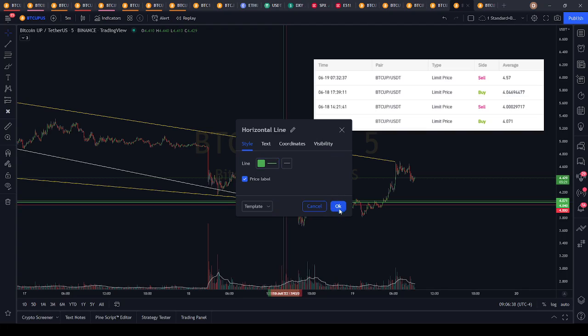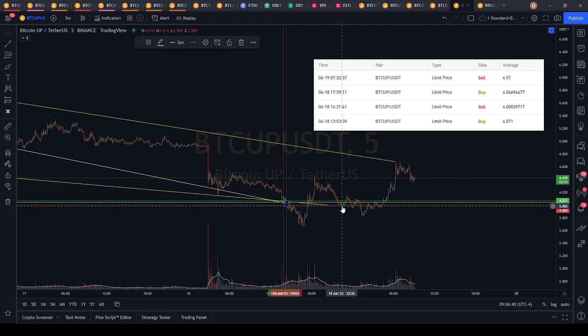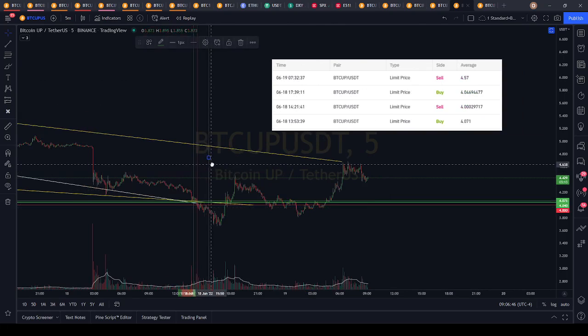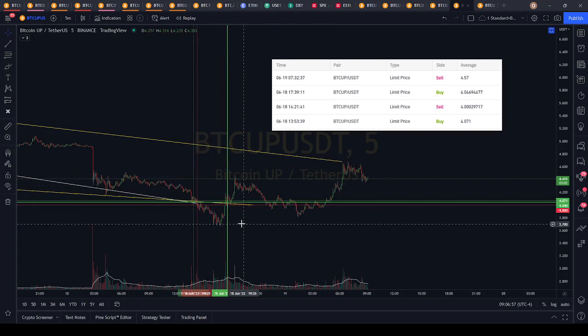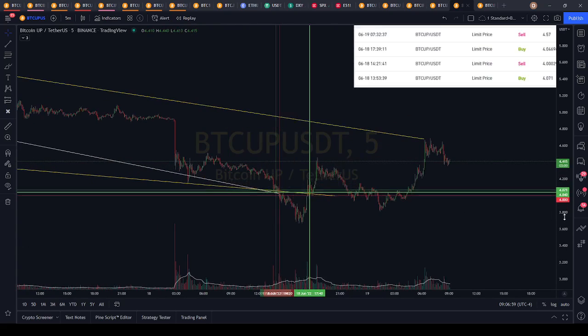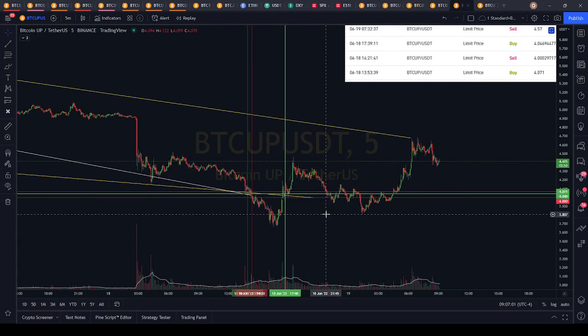I'll just make them a lot more bold. That's all I'll do. So 4.04 for the buy, and that was at 1739. So 1740. All right. Hopefully that works. I know there's a lot of overlapping stuff here, but the idea is present.